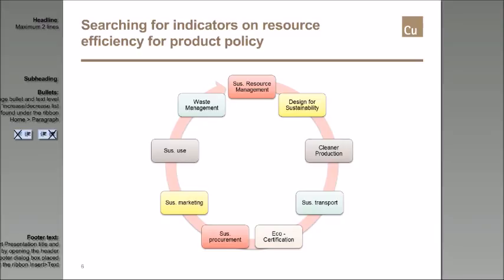As you see, those steps in this wheel represent how policy should tackle the resource efficiency aspects on product policy. So of course, the first is sustainable resource management. The second step will be design for sustainability. Of course, we want to produce products in a cleaner way, and we can use sustainable transport for that.